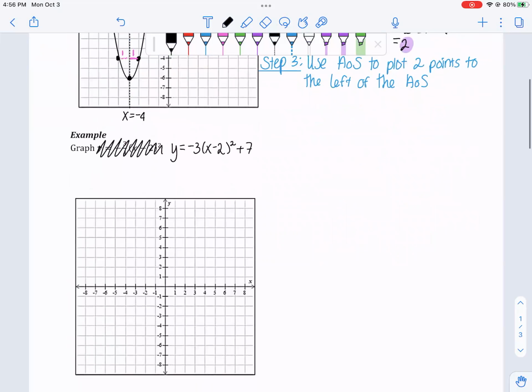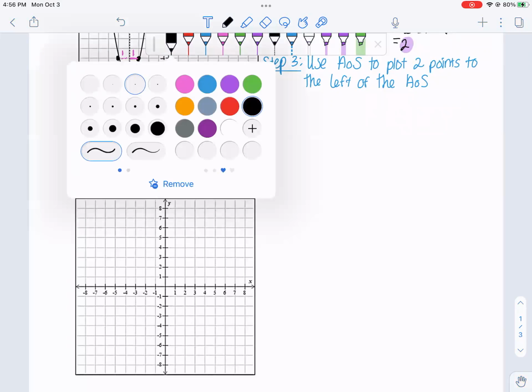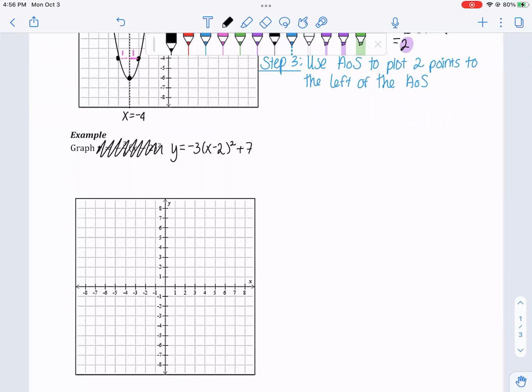We're going to find our h value, our k value, give us our vertex, plot the vertex. Our h value is +2. Our k value is 7. So our vertex is at 2, 7.